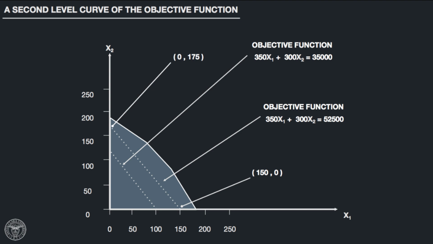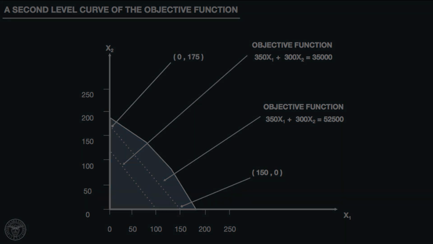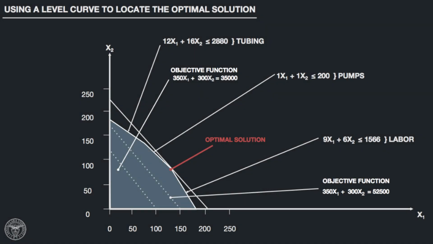We can now use a ruler to move in parallel to touch the last point of the feasible area. Recalling that we have a maximization problem, we try to touch the last point going up, the last point of the feasible area. In this case, we can identify that the point (122, 78) will be the optimal solution point.